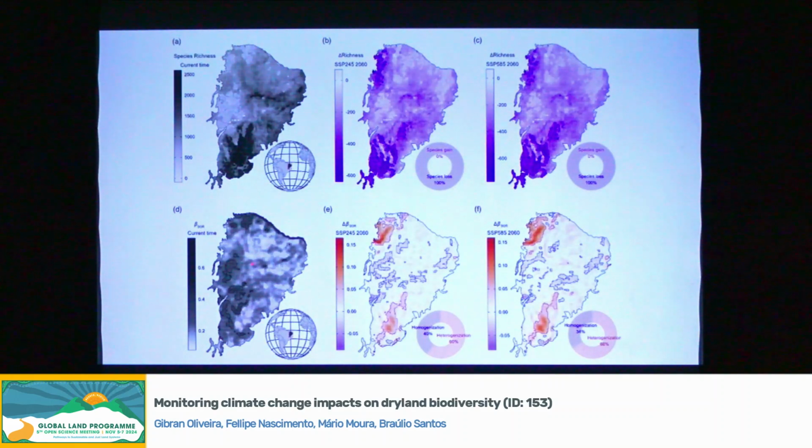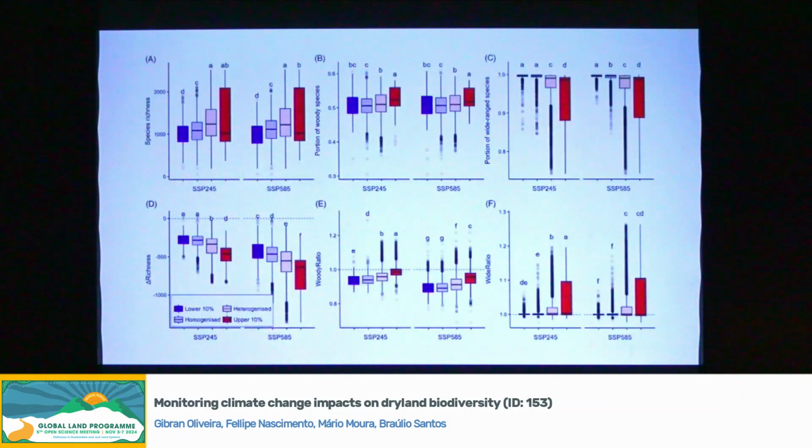And for the beta diversity or the similarity, we have 40% of homogenization of the Caatinga and 30% in the pessimistic scenario. You can also highlight here that the richest and most dissimilar areas will be the areas that will lose this type of diversity.